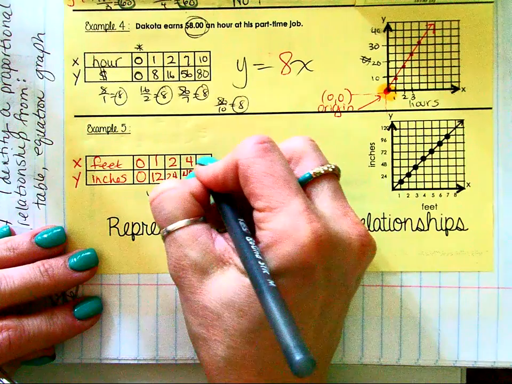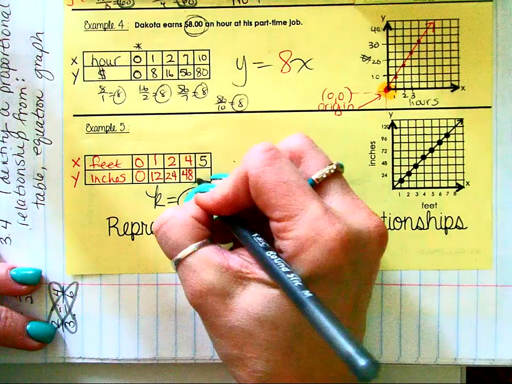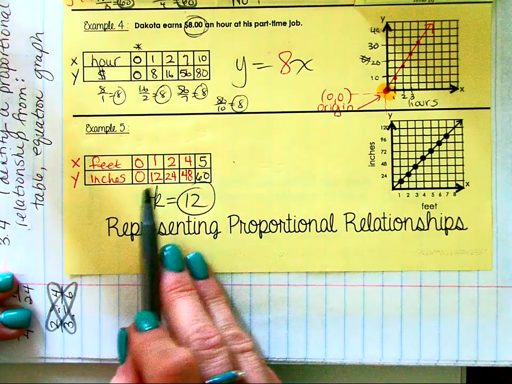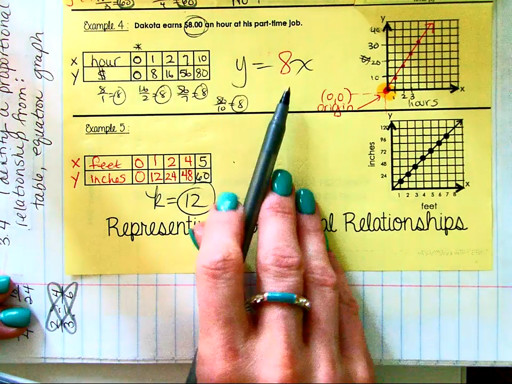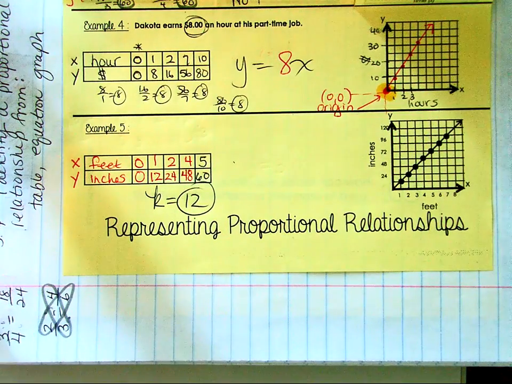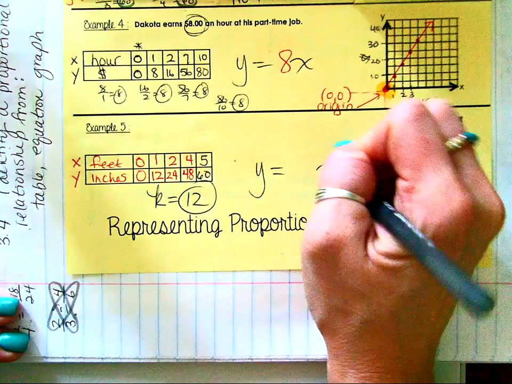Okay. This graph matches this table, and just for good measure, let's finish it off with an equation. What would this equation look like? Y times 12. Yes, that seriously is all it is, you guys. Y equals 12x.